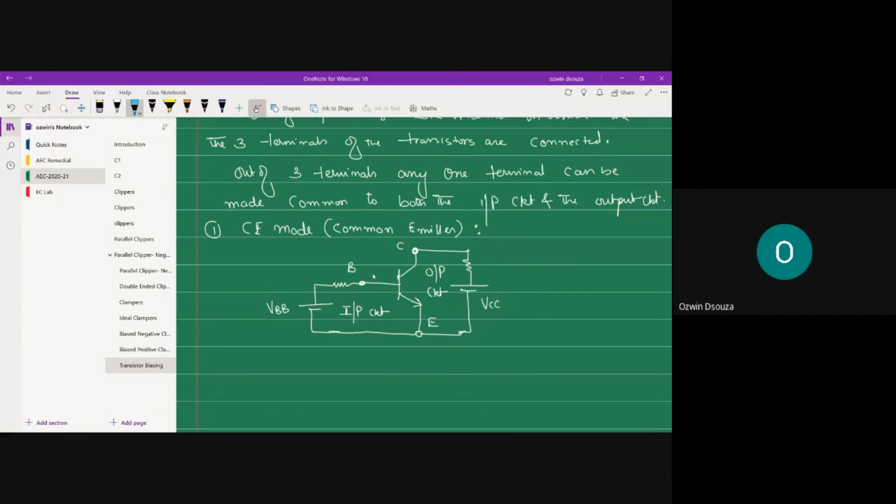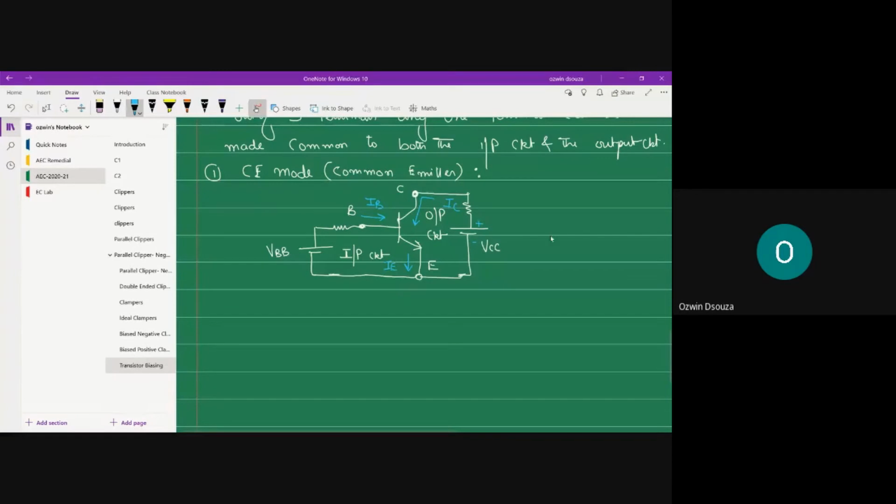And this is the base current direction, along the battery it flows. Similarly, the collector current follows the battery convention. So this is how the collector current is going to flow, and in the end the emitter current is going to be the summation of base and collector current. So this is your common emitter mode.